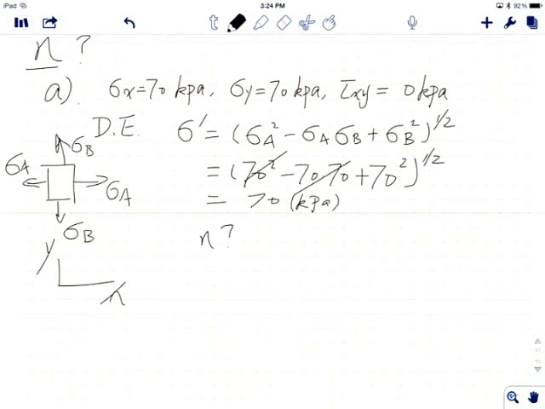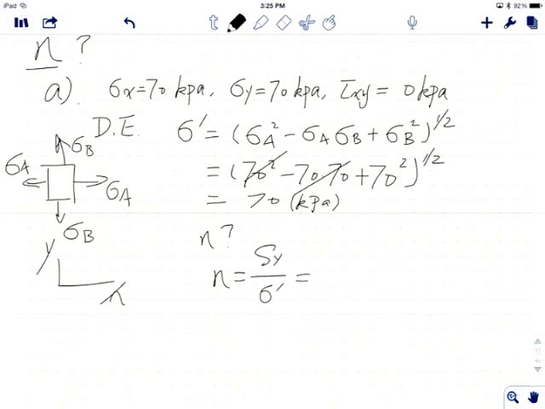How it's determined: design safety factor equals yield strength divided by my stress state, according to the definition, right? Using distortion energy, that's what you should use.